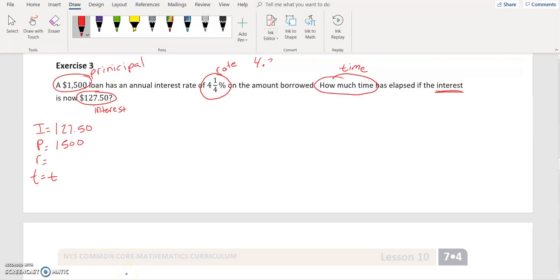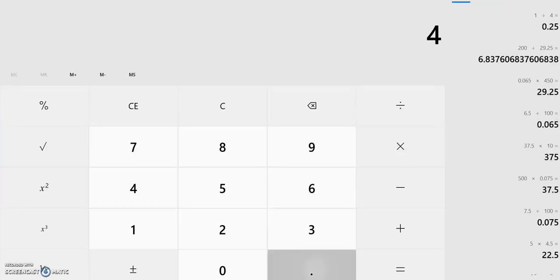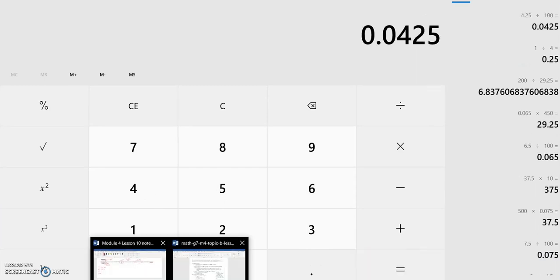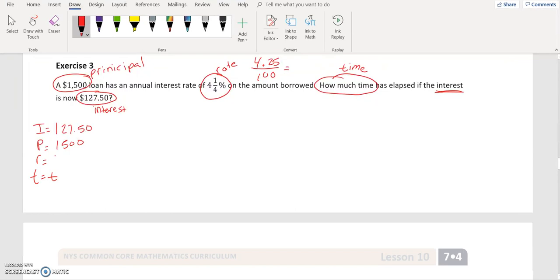So 4.25 over 100, which is 4.25 divided by 100. Move that decimal 2 places to the left, and there you go. 0.0425 is our rate.